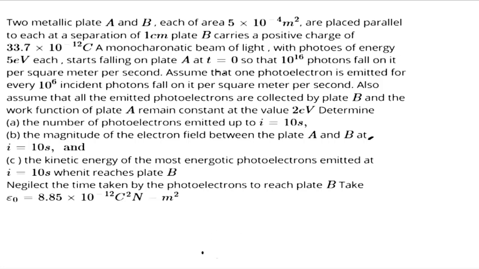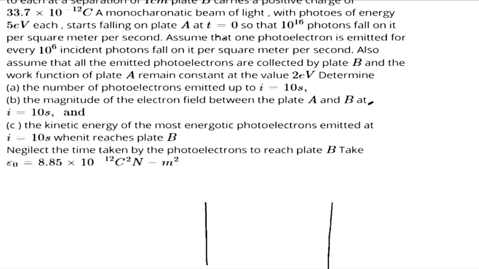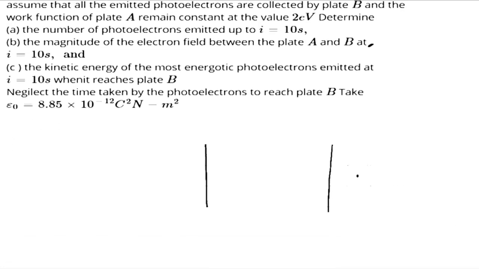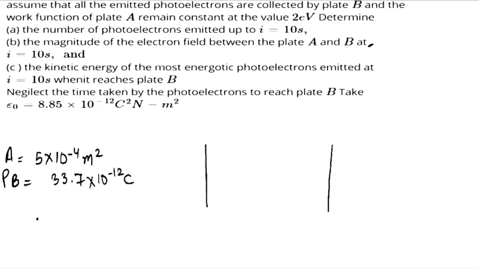So let us draw two parallel plates. This is plate A and this will be plate B. According to the question, the area of cross section of both the plates is 5 into 10 raised to the power minus 4 meter square, and plate B has charge 33.7 into 10 raised to the power minus 12 coulombs.